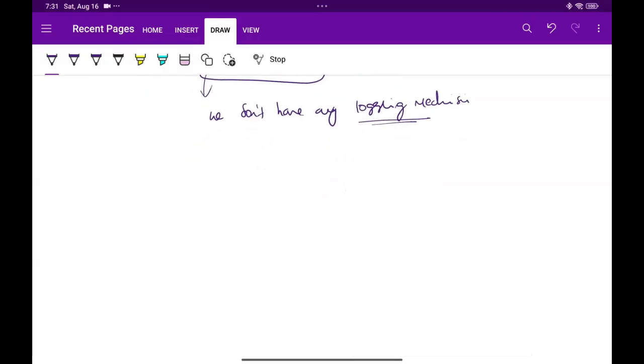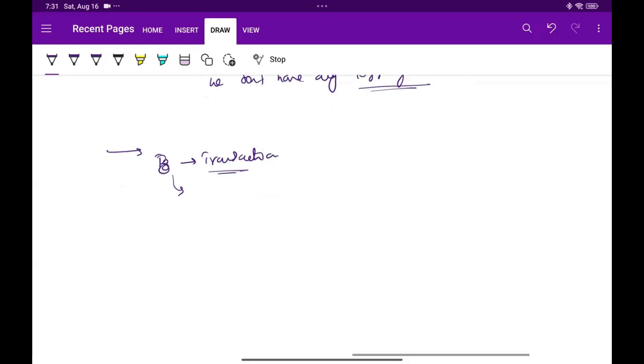Let us take a business application making three transactions. Assume these transactions are happening sequentially. We will cover later when these three transactions are happening in parallel.